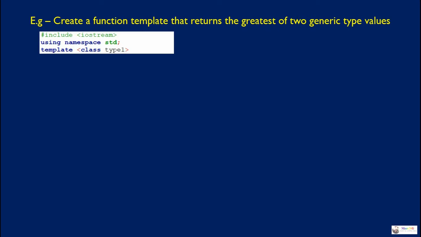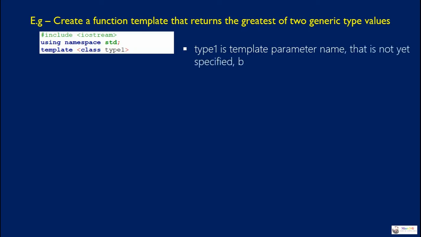So we are using Type1 as the identifier for the new data type. Type1 is the template parameter name that is not yet specified but can be used as a regular type.